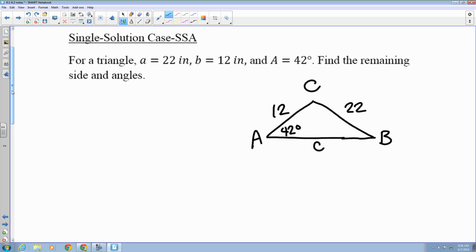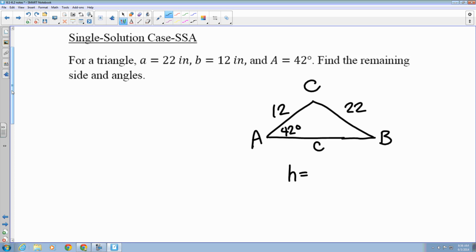Find the remaining sides and angles. So we need to find side c and then the remaining two angles. Before I start, I'm going to calculate h to see if this is a 1 or 2 or no solution.